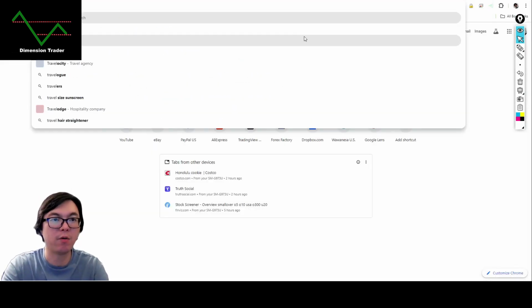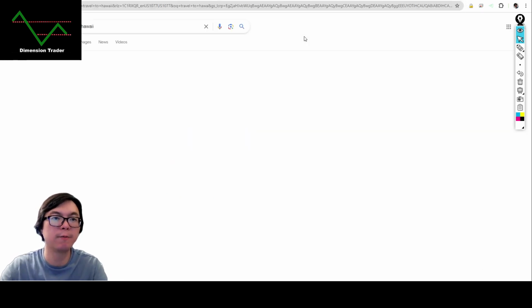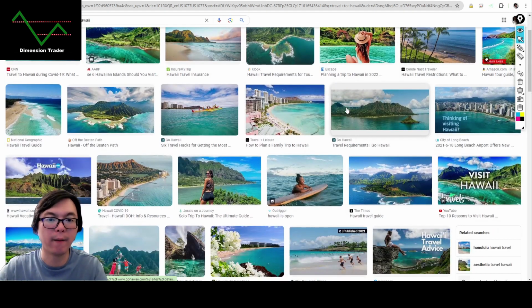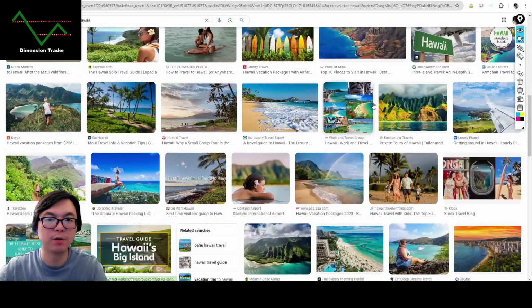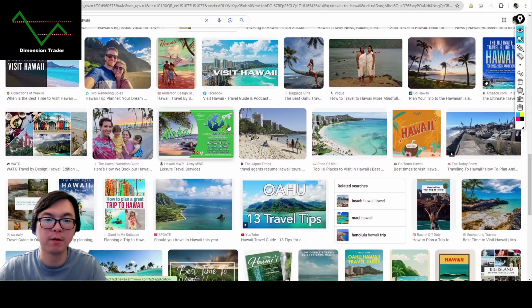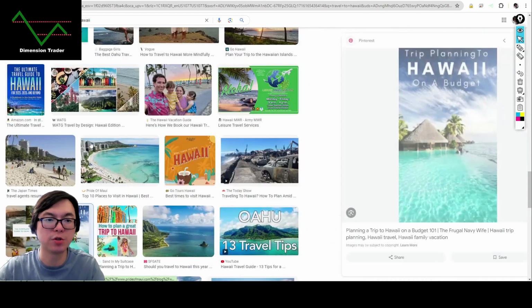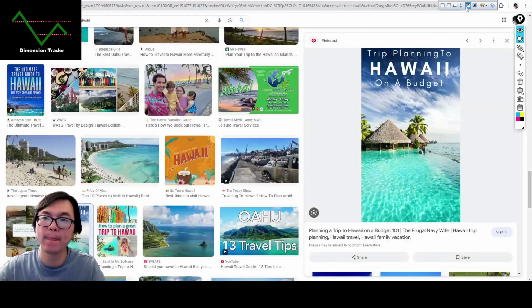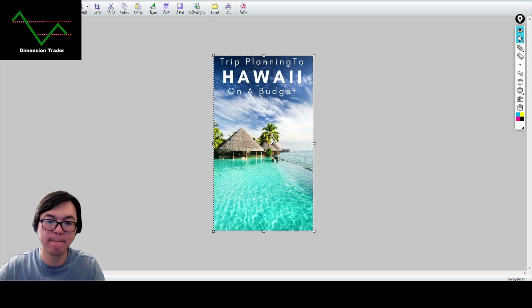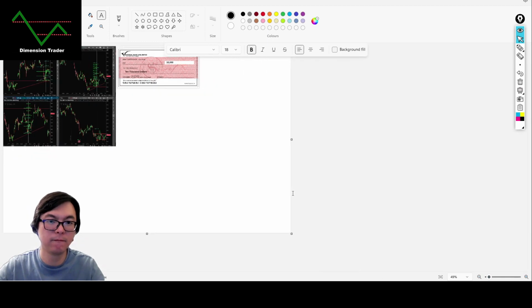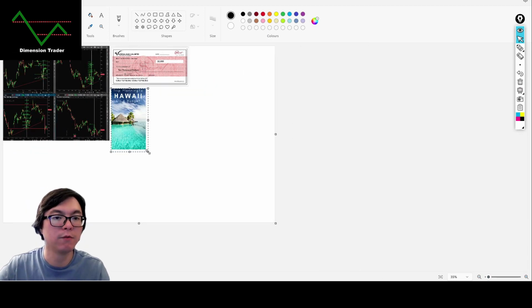Let's say if you want to travel to Hawaii, just for the imagination, then we can put a very good travel journey on your vision board. Let's say we want to travel to Hawaii.